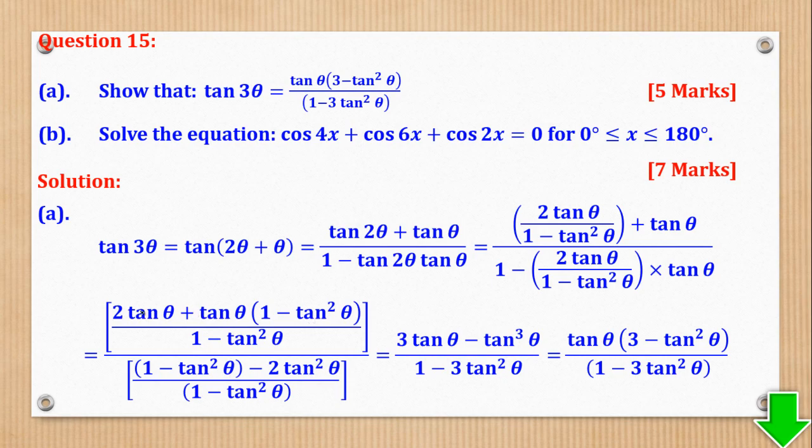So this plus tan theta gives you 3 tan theta. Then also this times this gives you tan cubed theta. What about here? Here I have 1 minus this minus that to give you minus 3 tan squared theta. Factorize out tan theta in the numerator, you come up with what was required.